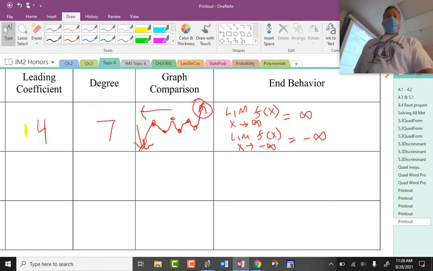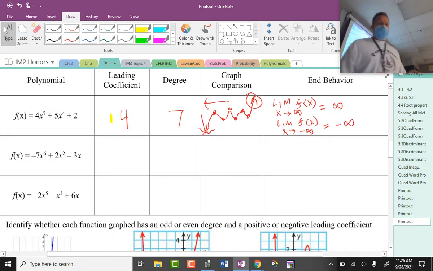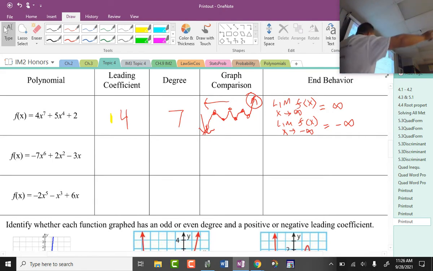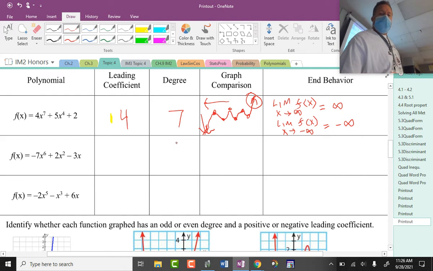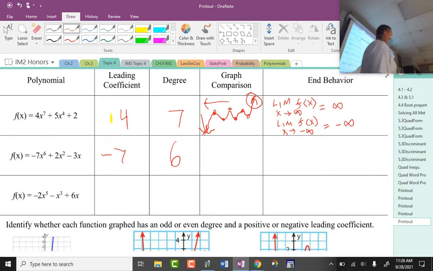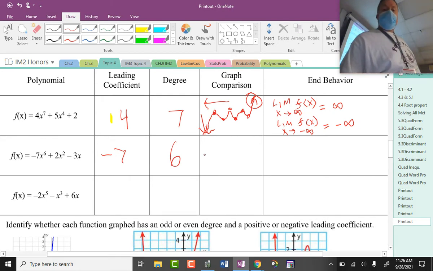All right, next one. So I like this. Now it's all fast here. What's the degree? I want that first. 3, 2, 1, go. 6. Okay, what's the leading coefficient, unfortunately? Negative 7. So if it's degree 6, potentially, it could be less. But the maximum amount of turns could be 5, and it has to end down.